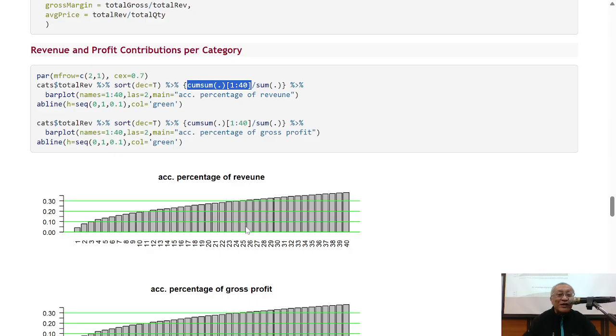Okay, so as you can see, about 30% of our total revenue is generated by the top 30 categories, but it tends to flatten out, right? Because as I told you, if I plot all of the categories in this bar plot, the x-axis extends to like 2,000, so you can see that it's going to flatten out.